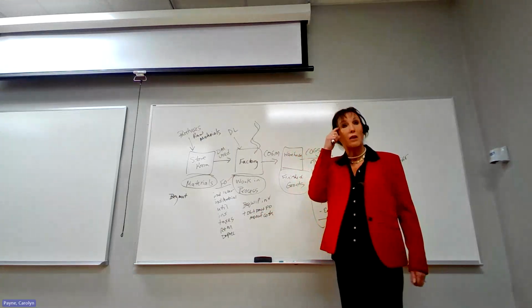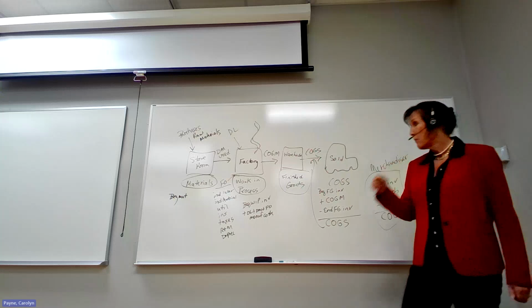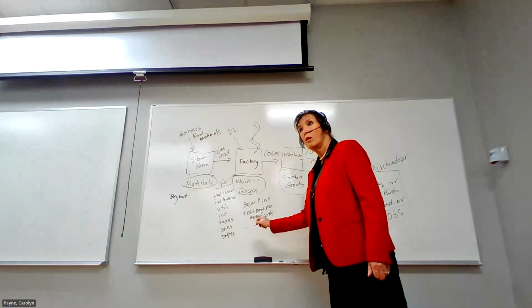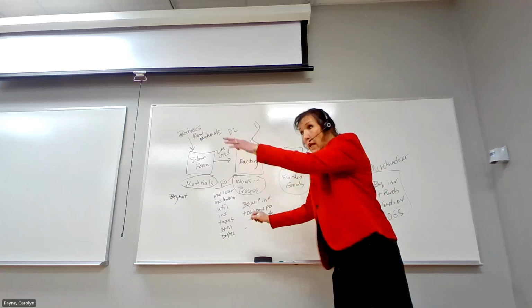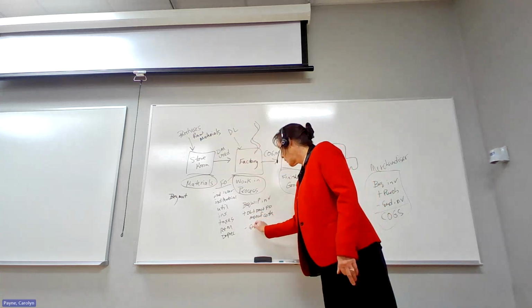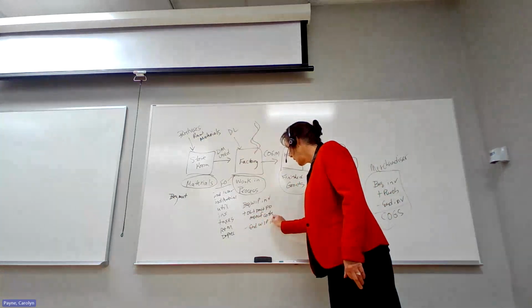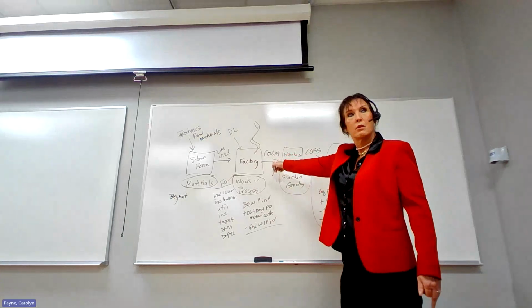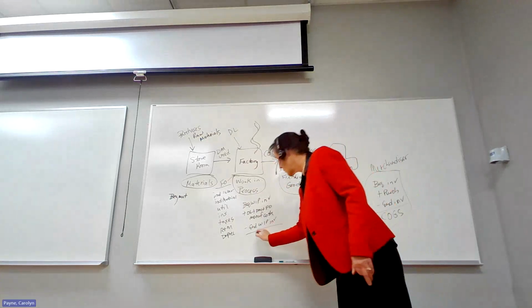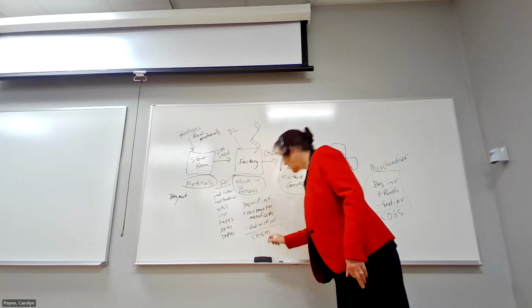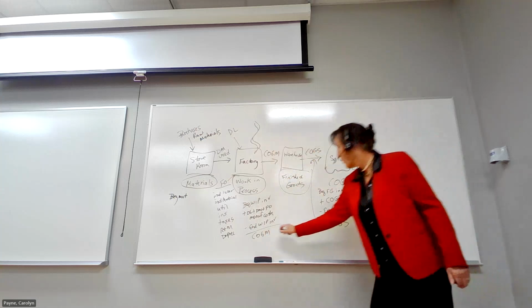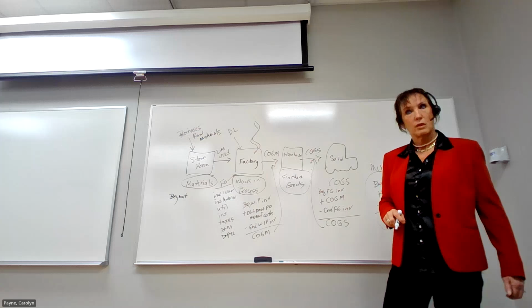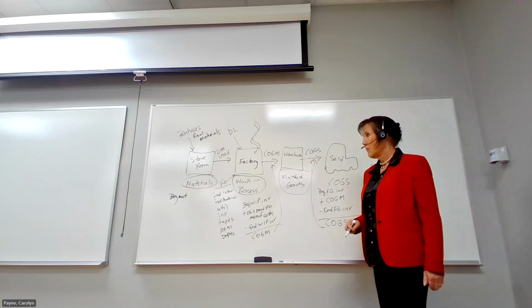Same thing, manufacturing costs. That's our three costs. And then subtract ending work in process inventory equals the output, cost of goods manufactured. And that's how we get that number. Does that make sense? All right.